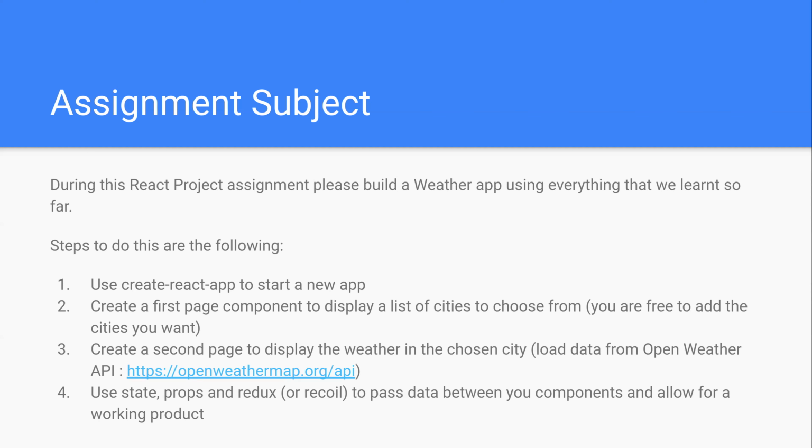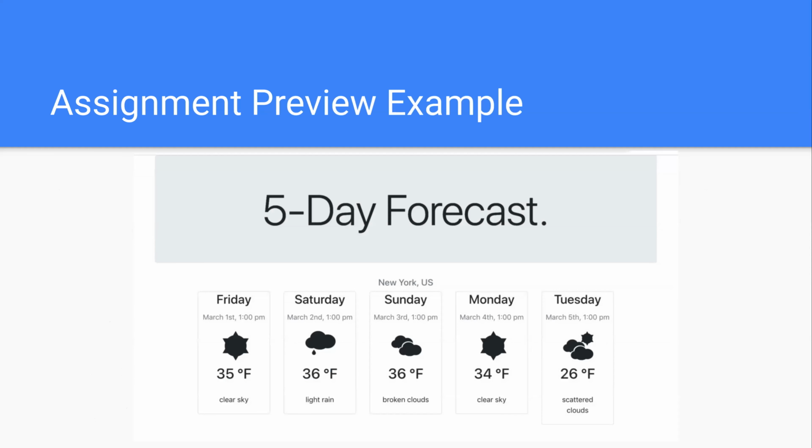And then I want you to create a second page to display the weather in the chosen city. You can load the data from the Open Weather API, which is a free open API that you can use to get weather data by city. So if you send the city to the API, it should give you back the weather information. I want you to use state, props, and Redux or Recoil to pass data between your components and allow for a working product that will look a bit like this.